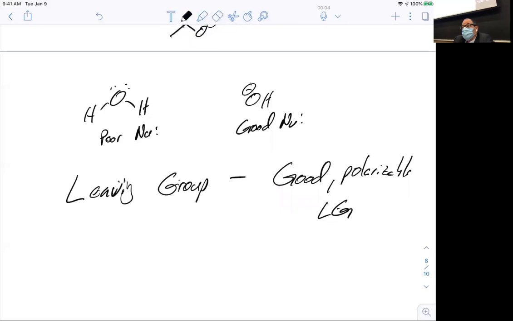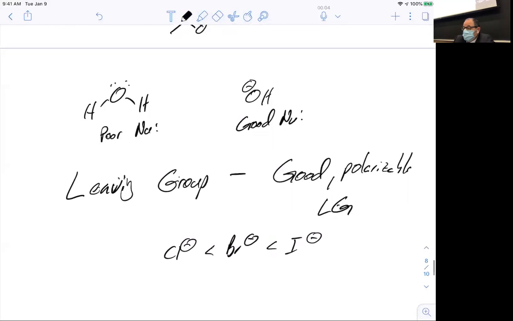We want the products to be more stable than the reactants, right? And so, again, chloride, bromide, iodide, but there's a subtle difference. It turns out the bromide's a little bit better than the chloride, the iodide's a little bit better than the bromide. This has to do with polarizability.